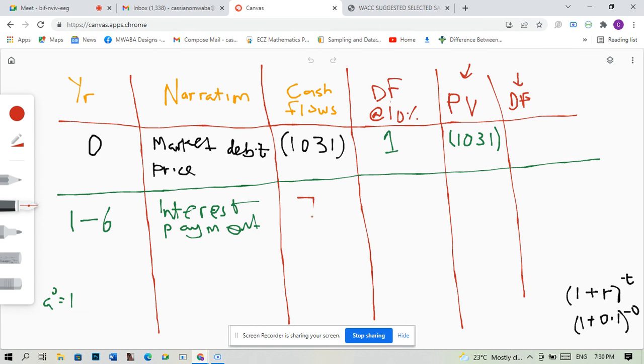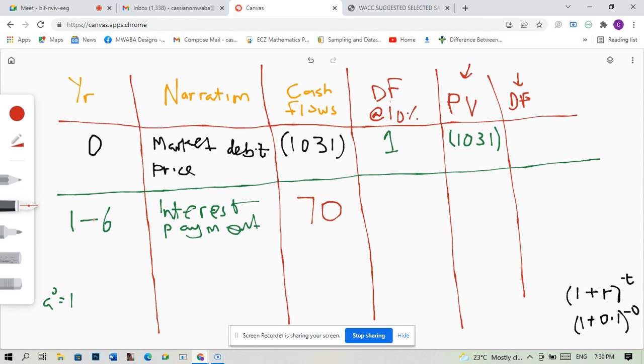I'm going to put our 70 here. Now this 1 to 6 represents repeated payments, what we call annuities. This is an amount that doesn't change and is paid at a fixed period of time.